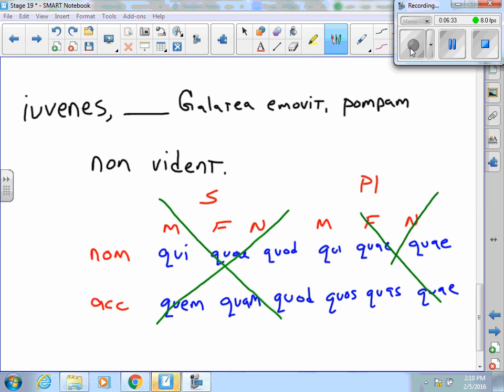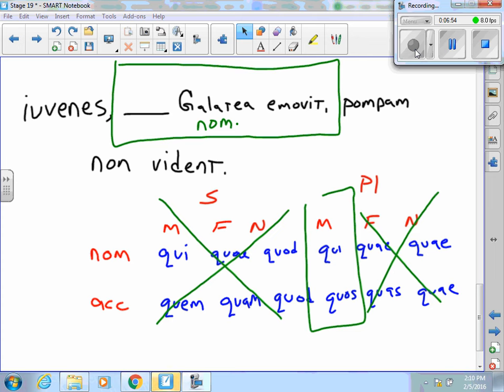Just by knowing that this is masculine and plural, I have eliminated all but two of the possibilities, qui and quos. Now what I have to do is decide whether I am using a nominative or an accusative within that clause. Inside of this clause, I already have a nominative, Galatea, who's doing the moving. So I need an accusative. So my answer would be quos.